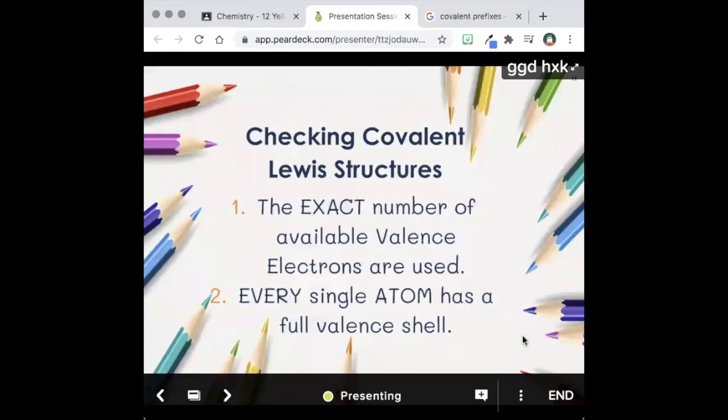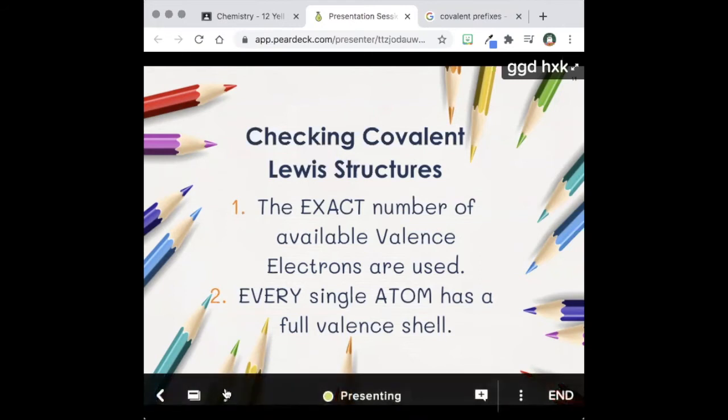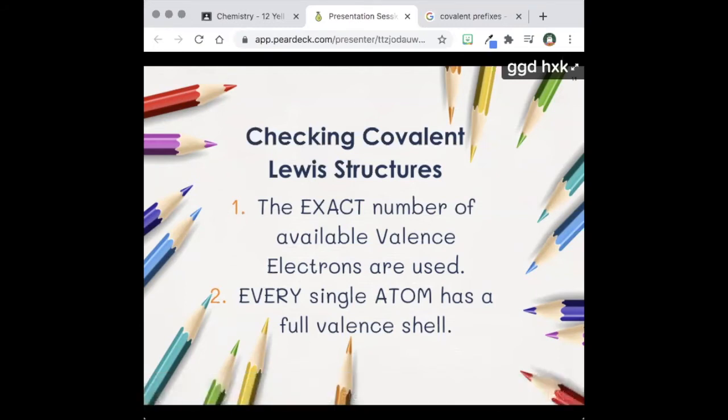These two things are 100% important to make sure that you are drawing Lewis structures for covalent compounds correctly. Okay, so on the next screen, I'm going to show you a compound, nitrogen trichloride, NCl3.